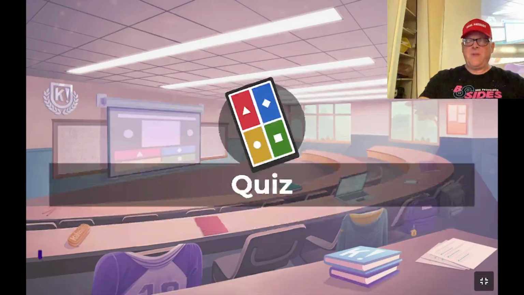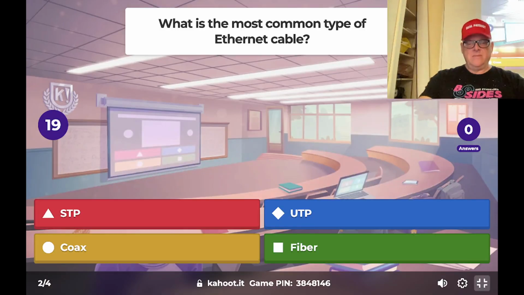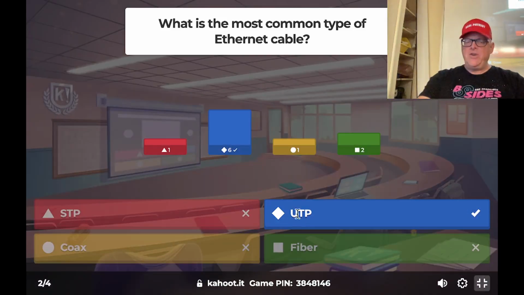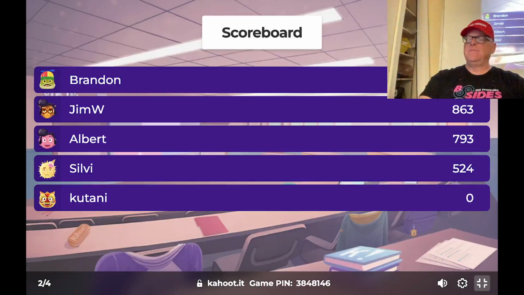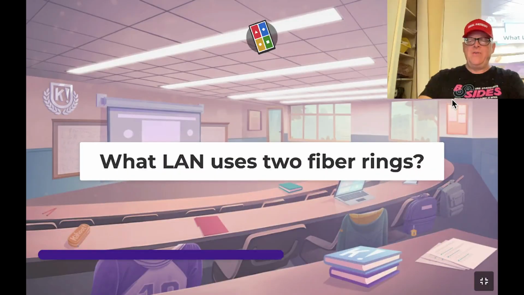Anyway, on we go. All right, what's the most common type of Ethernet cable? Yeah, unshielded twisted pair, the cheapest and the most common. All right. Which LAN used 2 fiber rings?